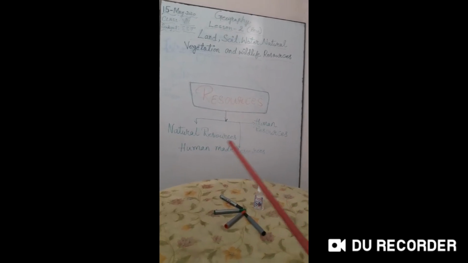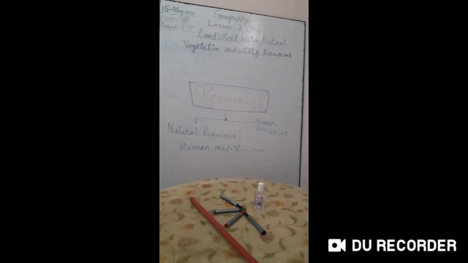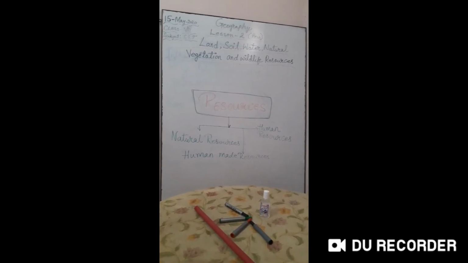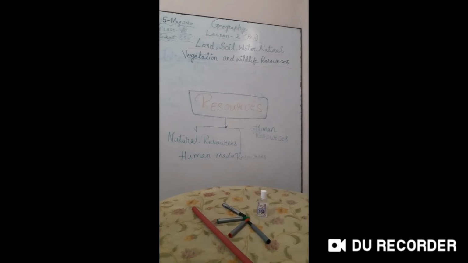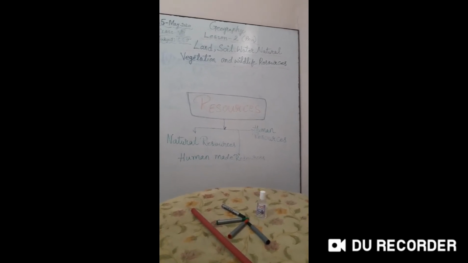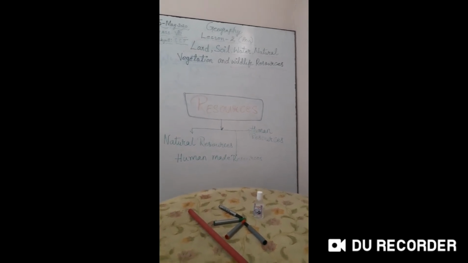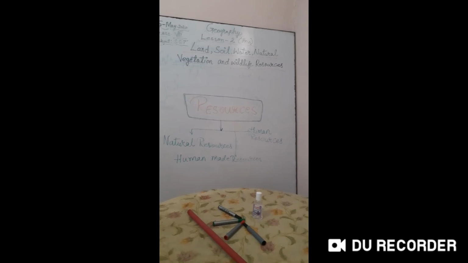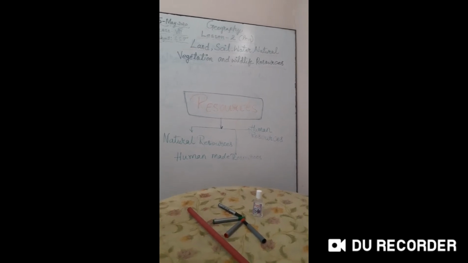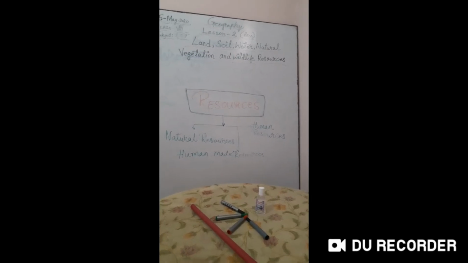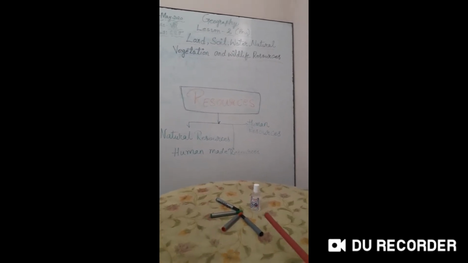Now the second one is human-made resources. Human-made resources are those that human beings have used their intelligence to manufacture for their own use. For example, they include vehicles, buildings, roads, telephones, etc. You can easily see this.